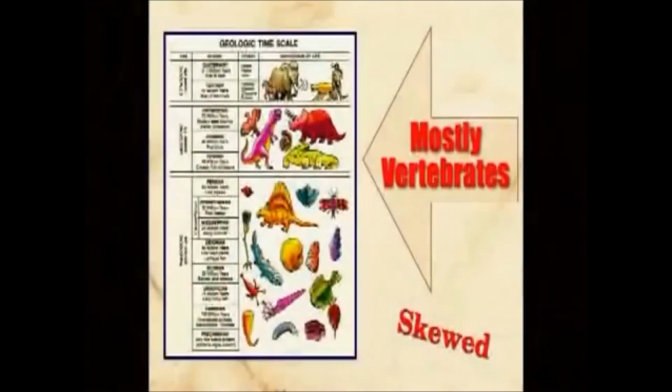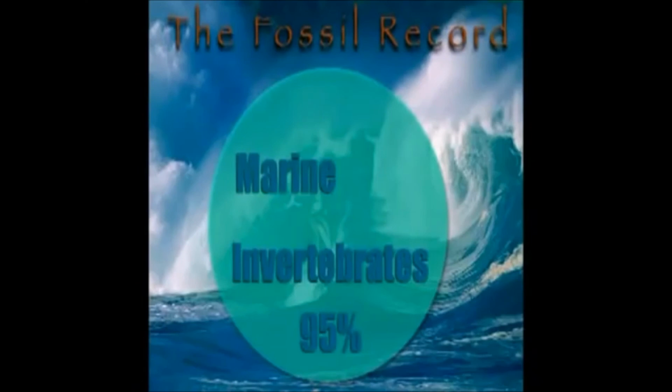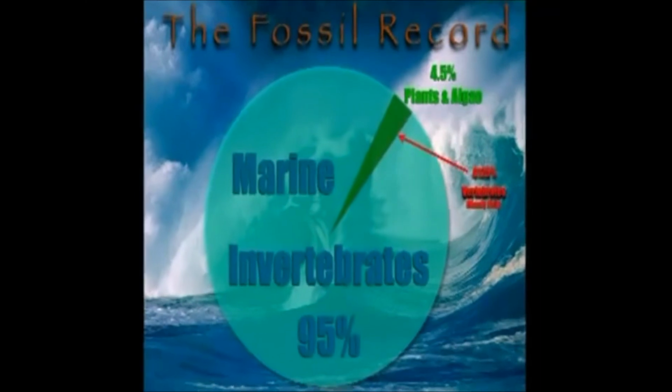It's skewed, obviously, to the more impressive, larger animals, whereas at least 95% of the entire fossil record is composed of marine invertebrates. But you virtually see none of those in the geologic column. Of the 5% that's left, 4.5% are plants and algae. And we hadn't gotten to the vertebrates yet, which are mostly what you see represented in the column. The vertebrates are about 1/100th of 1%.